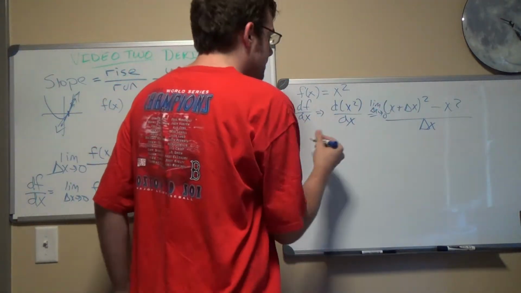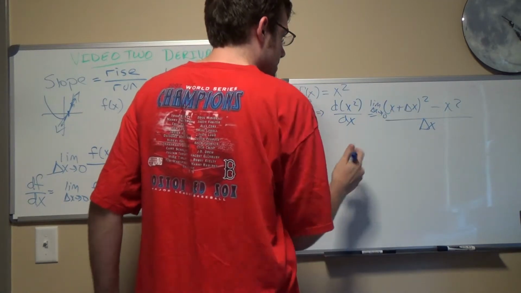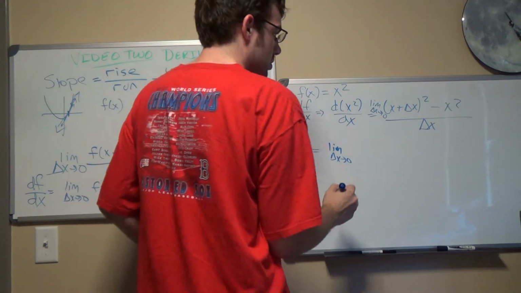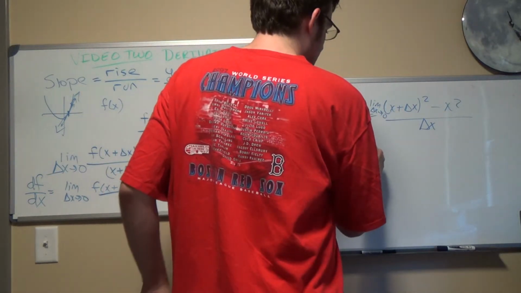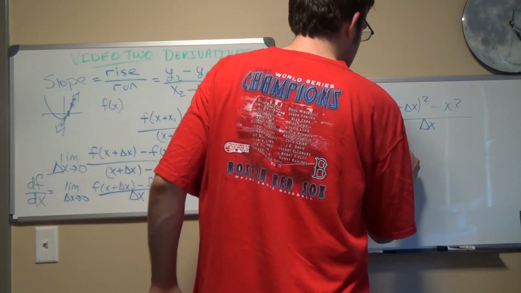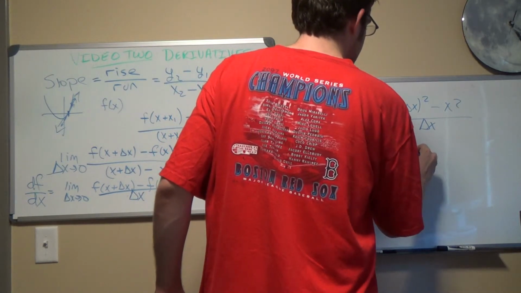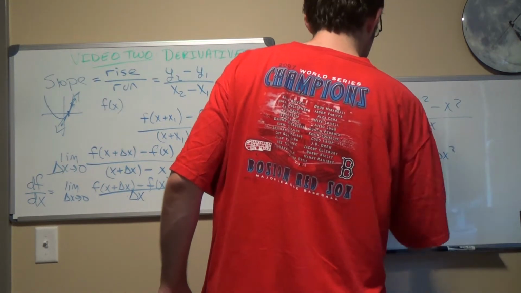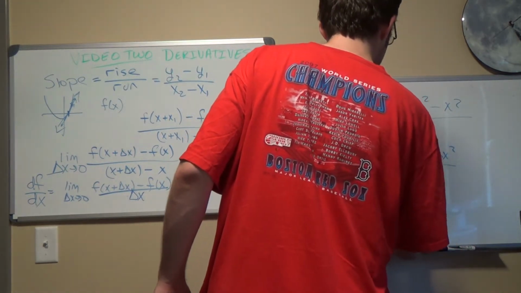So let's expand this. We have the limit as delta x approaches 0 of x squared plus 2x delta x plus delta x squared, minus x squared, divided by delta x.